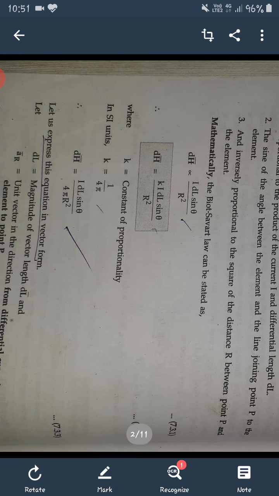This is a mathematical expression. Now let us express this equation in vector form.